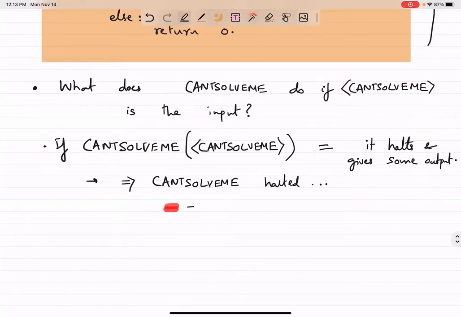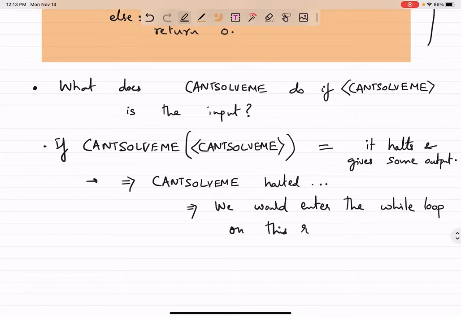Implies we would enter the while loop. This runs forever, right?